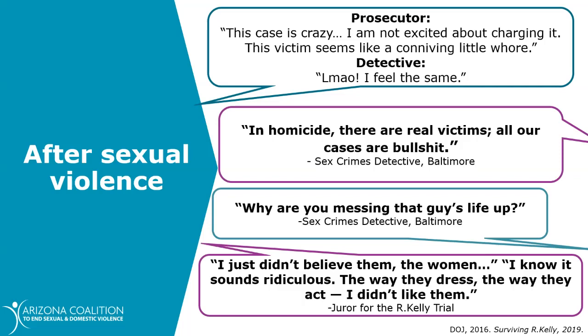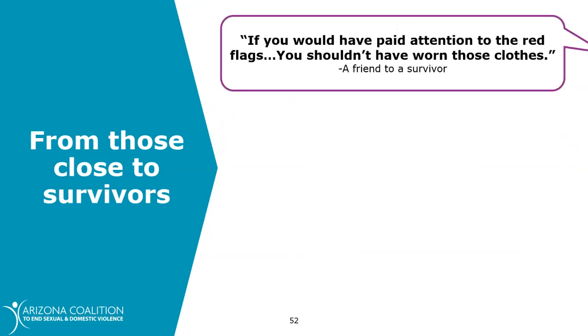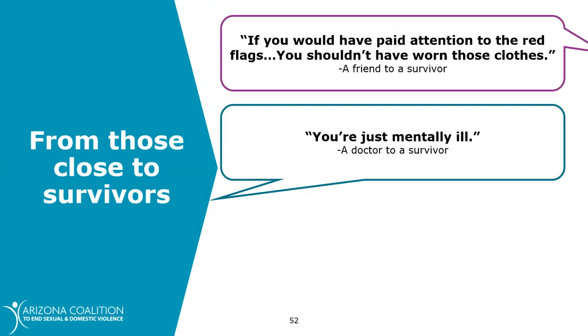Right? So survivors, when they do come forward, when they do feel comfortable enough to disclose their stories, they're not being believed by the criminal legal system at any point. And when they do disclose to those closest to them, these are also some of the things that were said. "If you would have paid more attention to the red flags, you shouldn't have worn those clothes. You're just mentally ill.